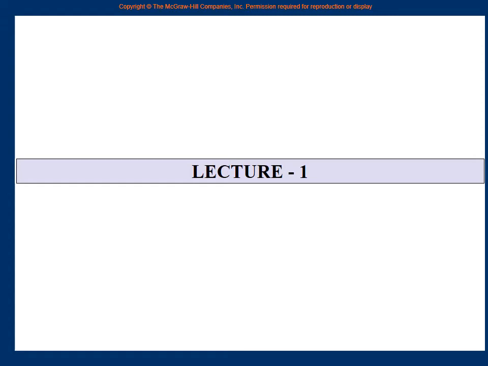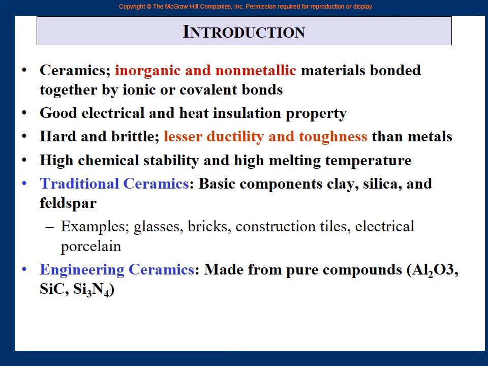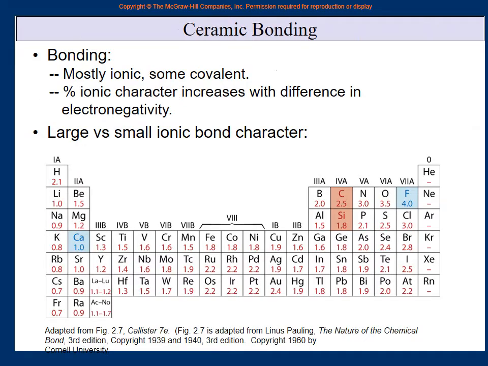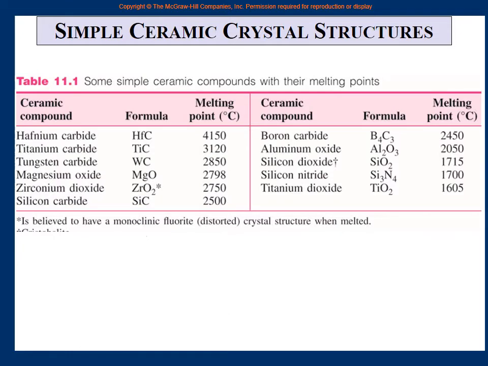So let us see what we did last time in lecture 1 of chapter 11. Last time we introduced what ceramics are. We talked about the ionic and covalent bonding in simple ceramics. We talked of the electronegativity and its effect on the types of ceramics that are formed, and some other simple ceramic crystal structures.